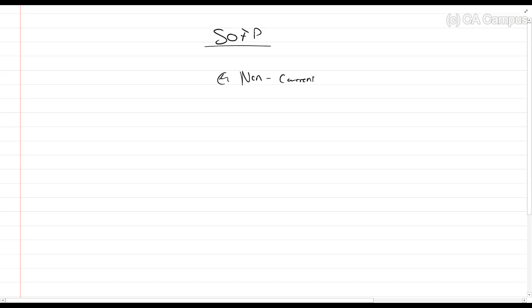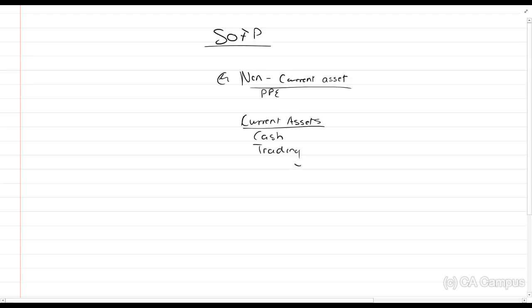Okay, so let me actually show it like this. In your statement of financial position, you have your non-current assets, right? So your property, plant and equipment. You have your current assets: cash and cash equivalents, trading stock, debtors.